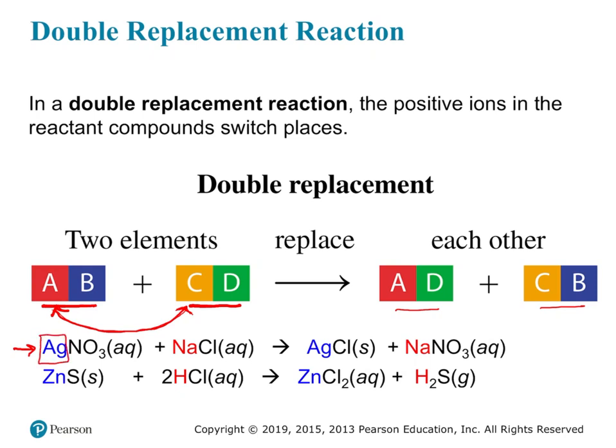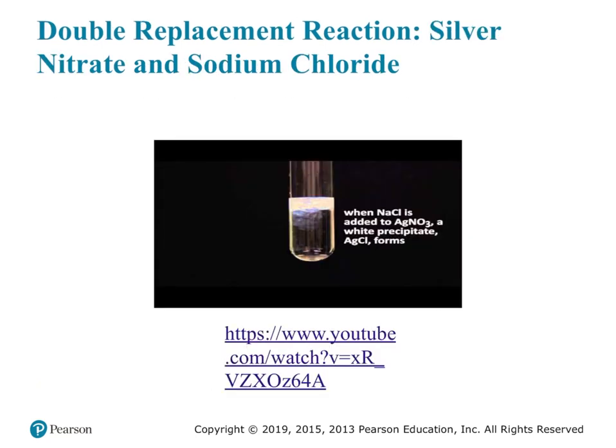So silver is going to switch places with sodium. So now silver will team up with chlorine, and sodium will team up with NO3. And those will be our two products. Okay, so let's watch an example of a double replacement reaction.